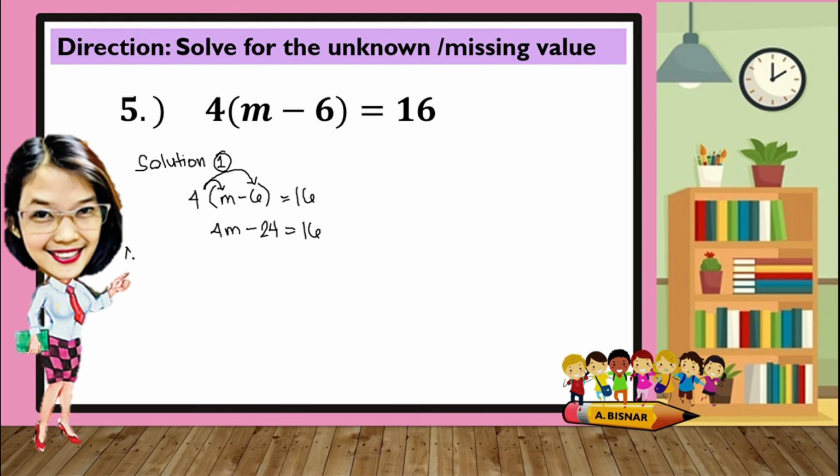Again, you have to use the addition and subtraction property of equality. So you have 4m minus 24. Since it is minus 24, then you have to add 24 on both sides of the equation.